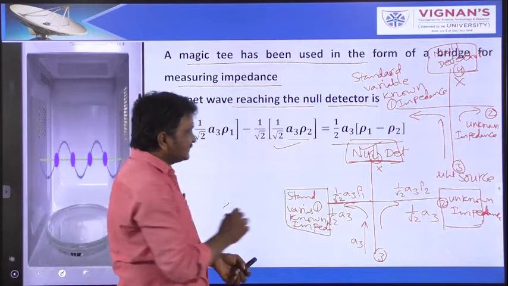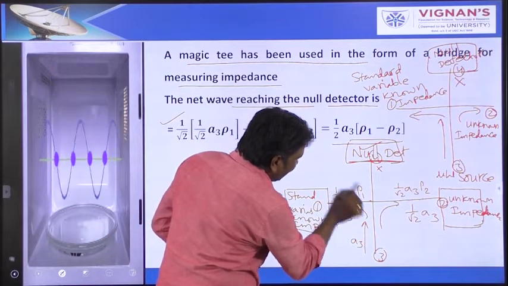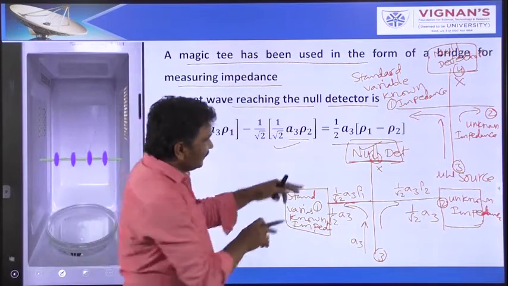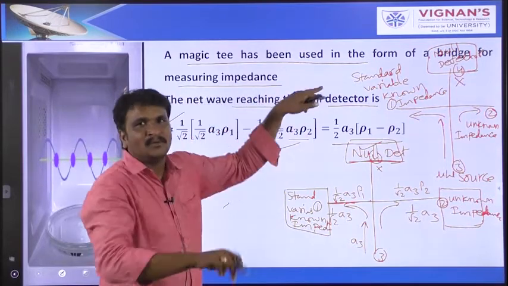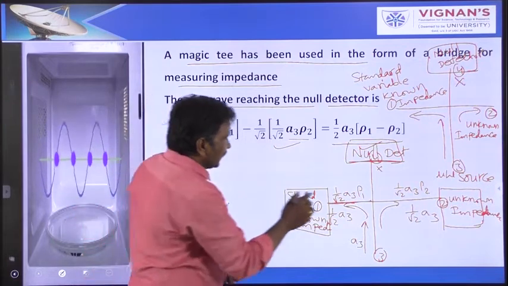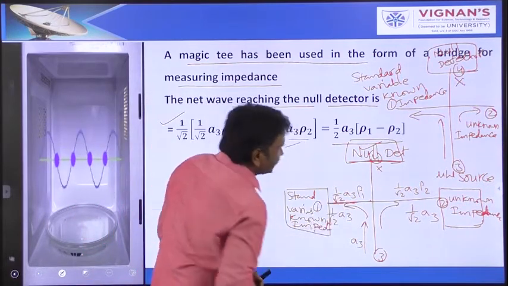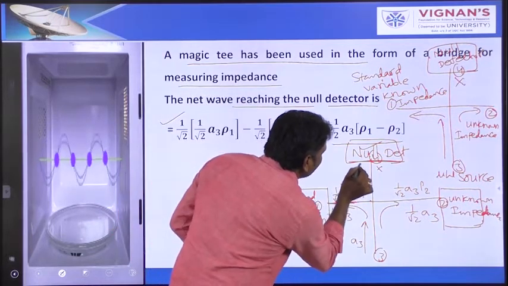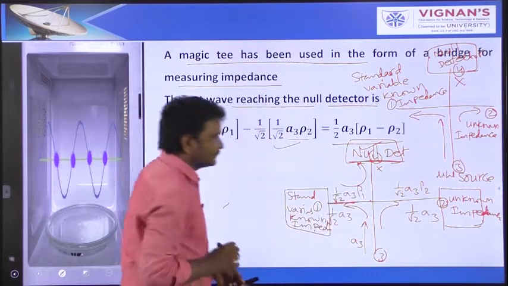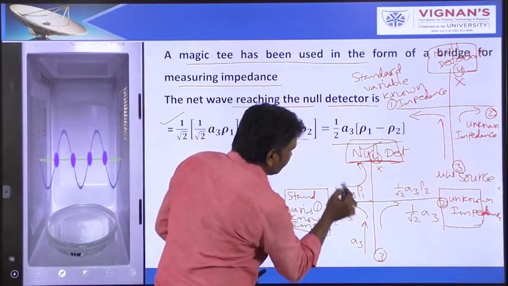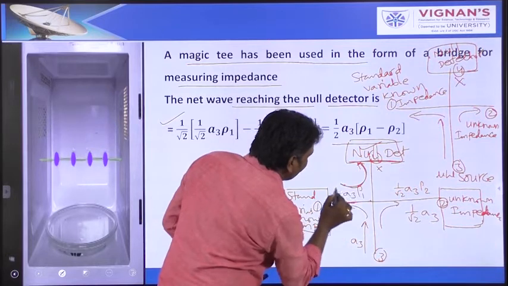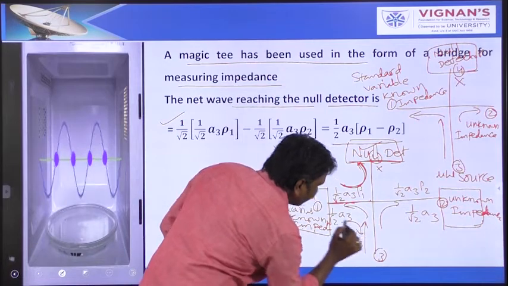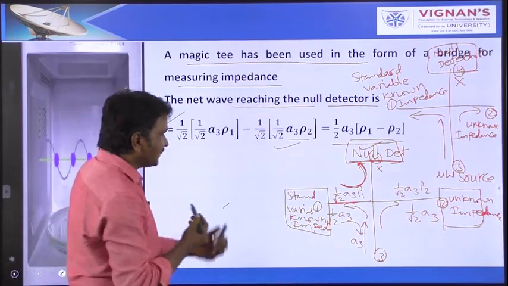right? Once this 1 by root 2 A3 into rho 1 power enters into this junction, again it is divided into two directions. See, if 1 by root 2 into A3 rho 1 power enters into the junction, half of the power enters into this port, the same amount of power enters into this port. What is a half?